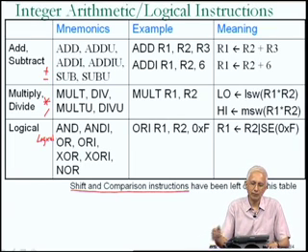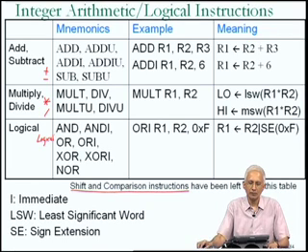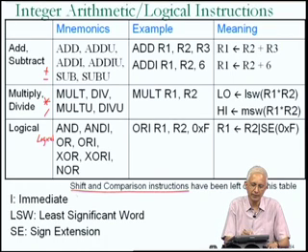Once again, before going through the instructions one by one, let me put down any terminology which might help in our reading of the table. We've already seen that I stands for immediate, as in the load upper immediate instruction of the previous table. Now, in the meaning column, I have used LSW and MSW, which I would like you to read as least significant word and most significant word.